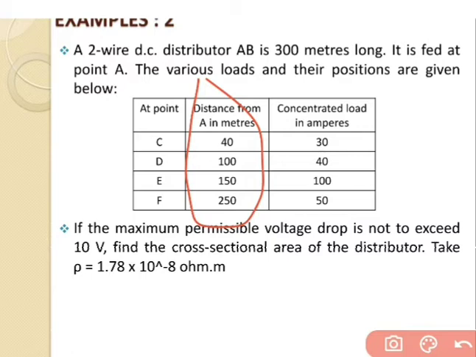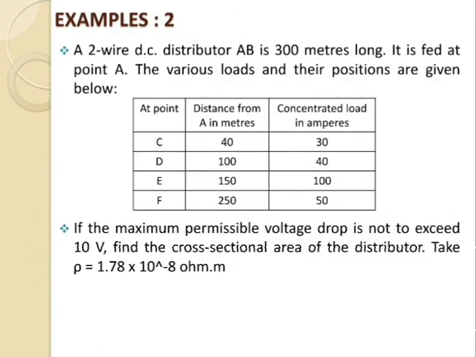If the maximum permissible voltage drop is not to exceed 10 volt, find the cross section area of the distributor, and take rho equal to 1.78 into 10⁻⁸ ohm meter. This example is based on a DC distributor fed at one end, with a length of 300 meter, given in the problem.